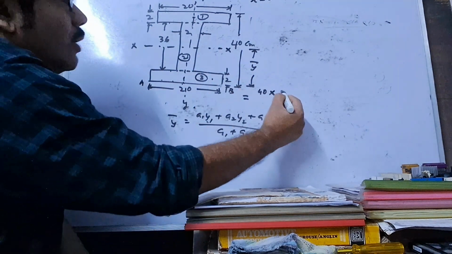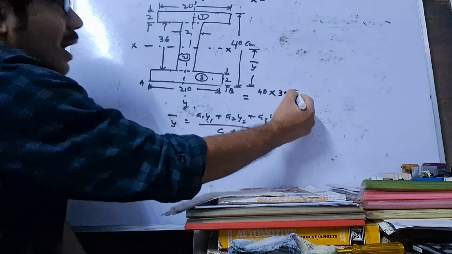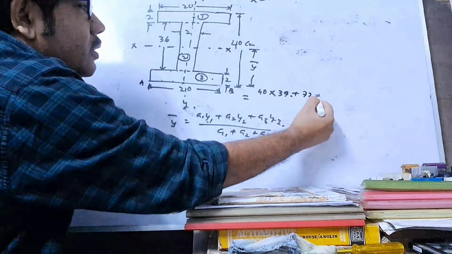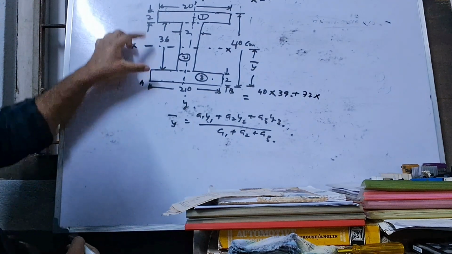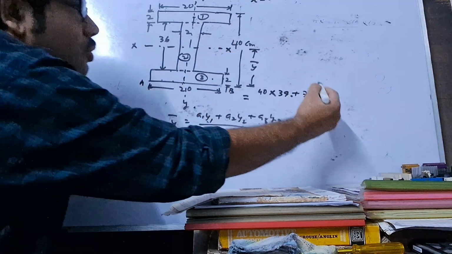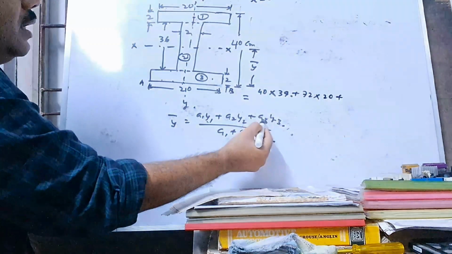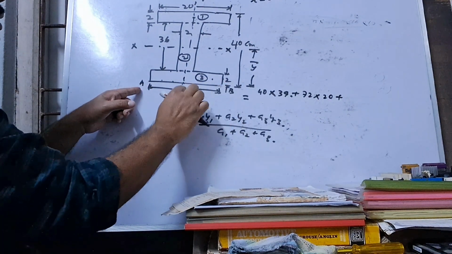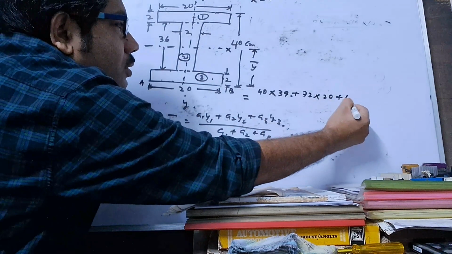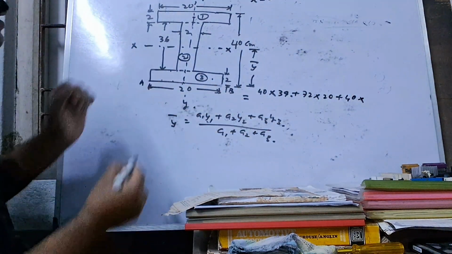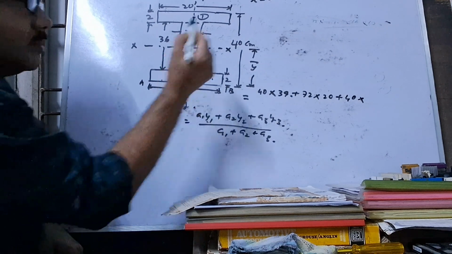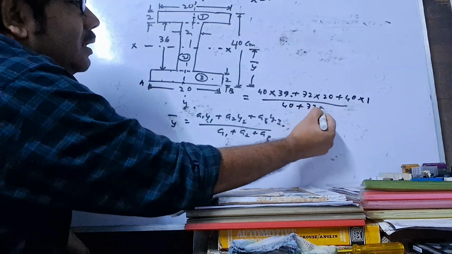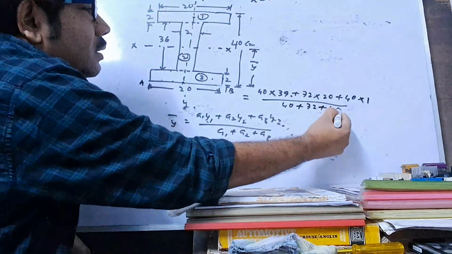That means y1 is 39, plus a2 for section 2, this is 36 into 2, that means 72, into y2, that means 2 plus 36 by 2, that means 20, plus a3 for 3 section, this is 20 into 2, that means 40, into y3, that means the CG from AB, that means here this is 1, by a1 plus a2 plus a3.